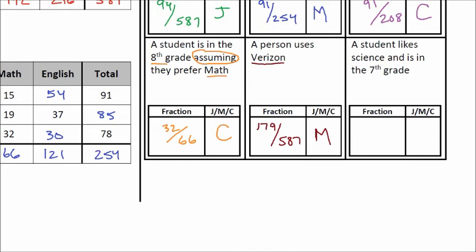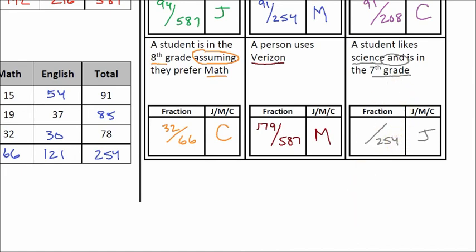And the last one, a student likes science and is in the 7th grade. And means we are putting two categories together, and that means it must be a joint probability. We know joint probability is out of the total number of people in the survey, which is 254.